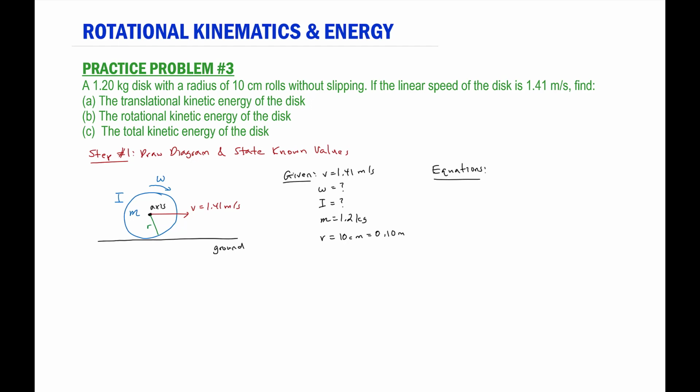Some important equations for a disk: I is equal to 1/2 mr squared. We know that the translational kinetic energy is 1/2 mv squared, and we know that the rotational kinetic energy is 1/2 I omega squared.